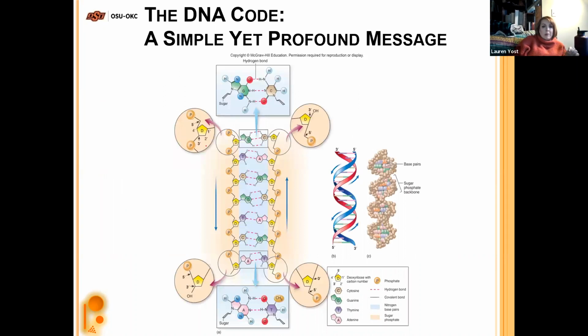5' and 3' is talking about the carbons. Let me go ahead and erase the carbons. The carbon number or position, where we start numbering from 1, which is here. You can see it on this picture.